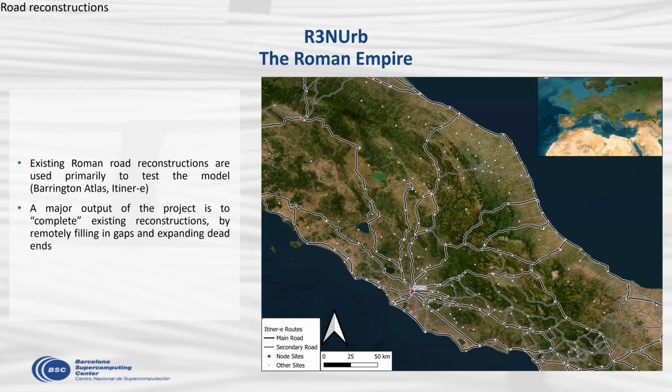This is just one example. You can see, and I'll talk in more detail about that, there are some gaps, some dead ends and some cities that aren't connected. That's the inherent nature of archaeological data: it is incomplete. If we're reconstructing routes based on this archaeological data, we can get good detail where we have evidence, but where we don't have evidence, we have these gaps. So this methodology is a way of filling in these gaps and expanding on that.